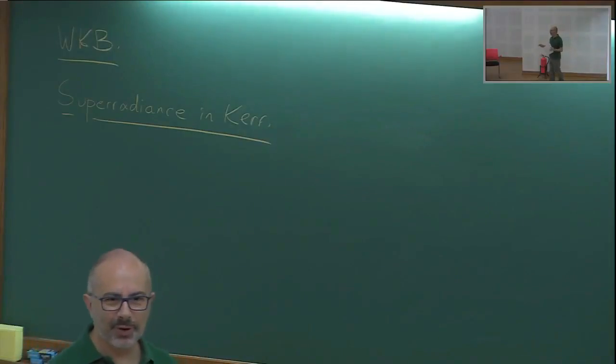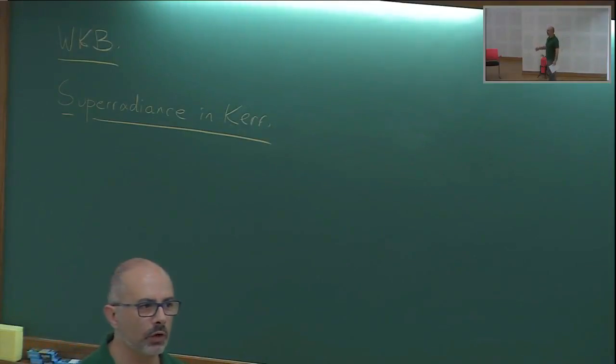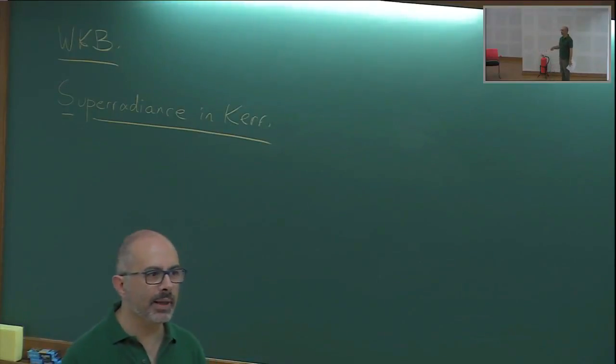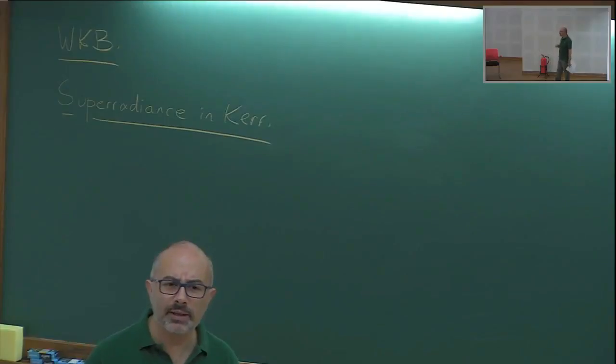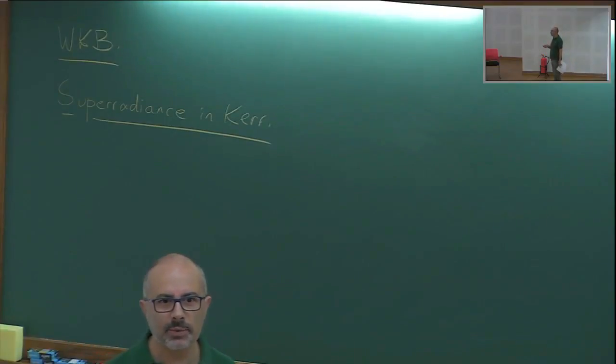I'm done with the simple problems at this point, and if I want to move on and do gravitational wave physics in a black hole background, I need to deal with metric perturbations. So using spherical harmonics is not going to cut it anymore, and we need to introduce some basis of angular functions that can be used to separate the angular dependence for vector fields, like the electromagnetic field, or the metric itself.